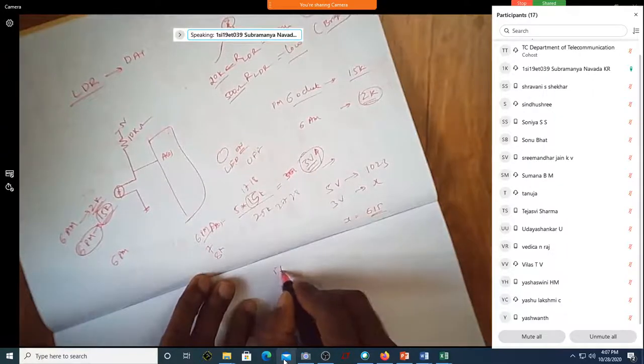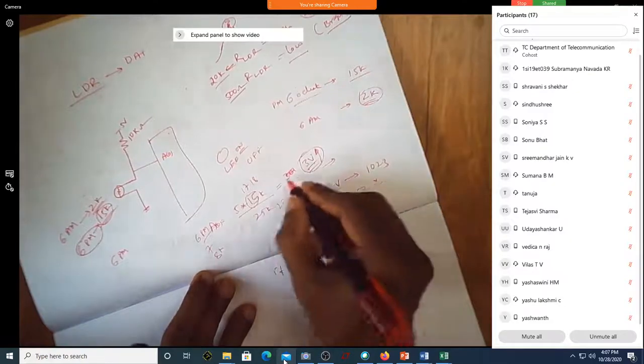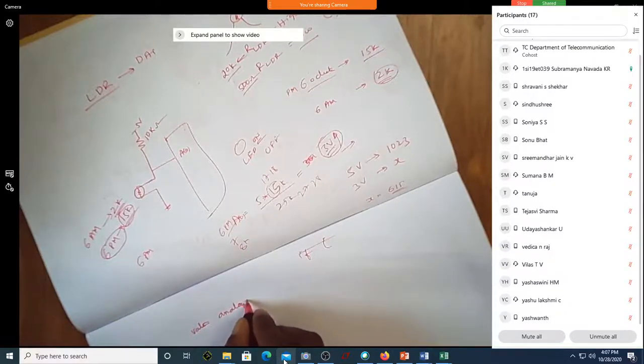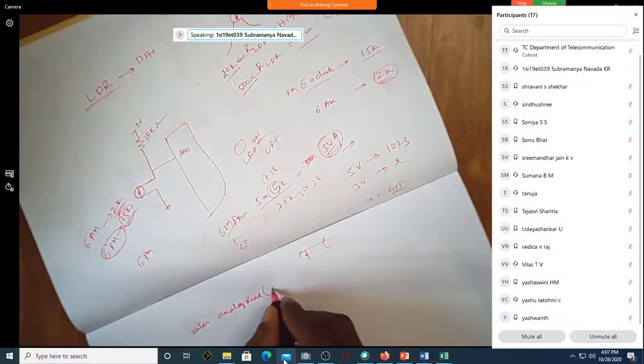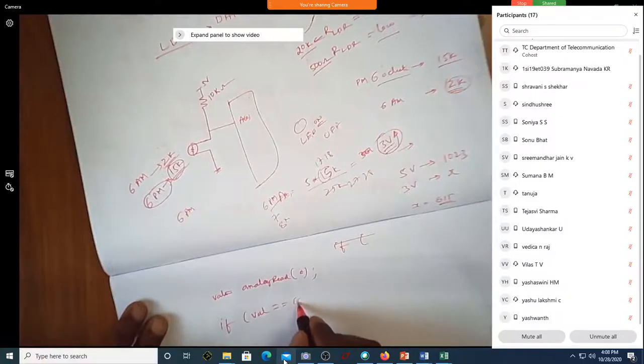So you write, maybe before the if, val is equal to analogRead(0), and if val double equals 615, then the LED will be high.